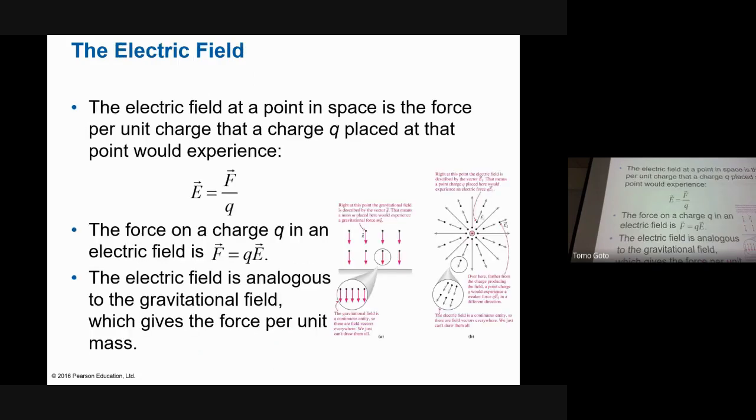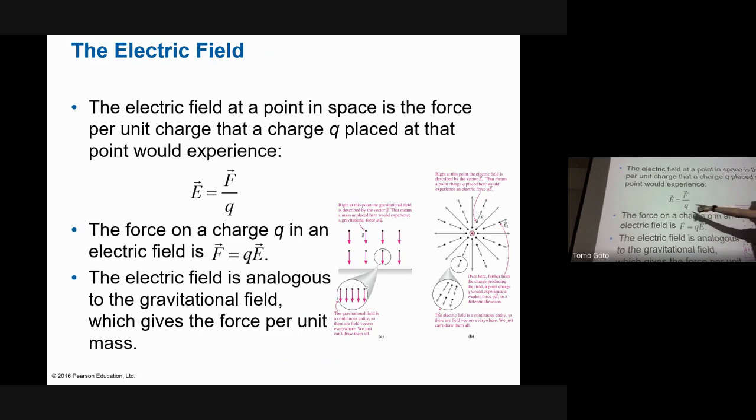Okay, then the electronic field. The field is a very common idea in physics, right? So the electronic field at a point is the force per unit charge. So the electronic field is something like, if you put a plus charge, how this charge is going to feel. The force that this charge is going to feel is the electronic field.